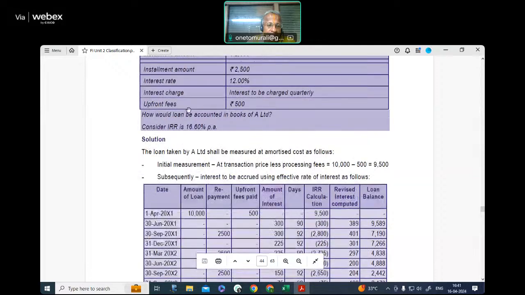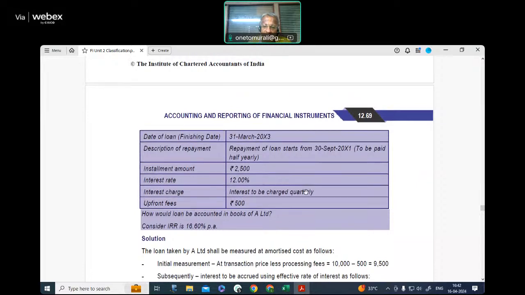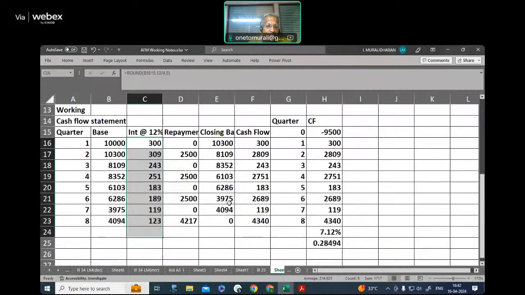Because the problem is repayment of loan, installment amount 2500. See what they have just done. Interest is calculated on quarterly basis. That is what they said. Interest is to be charged on quarterly basis. So how is it to be done?